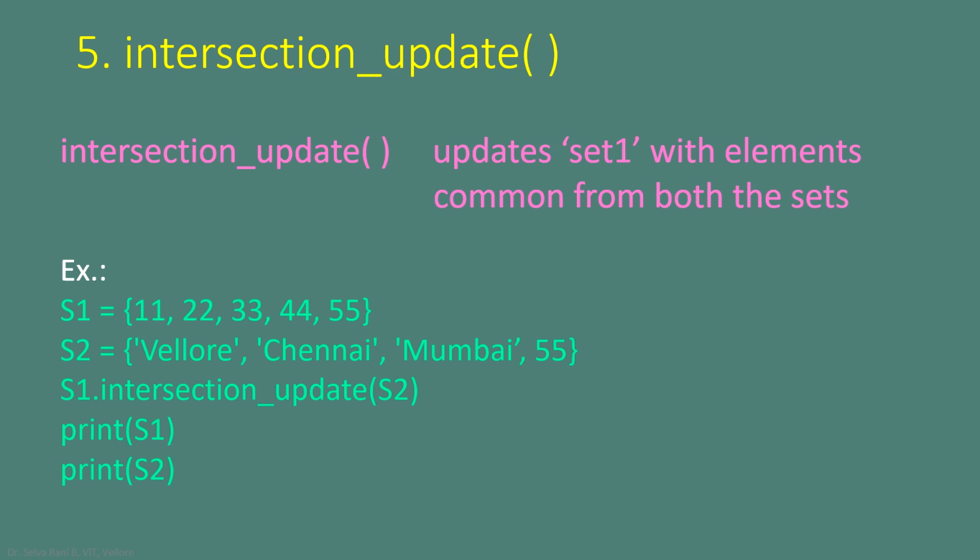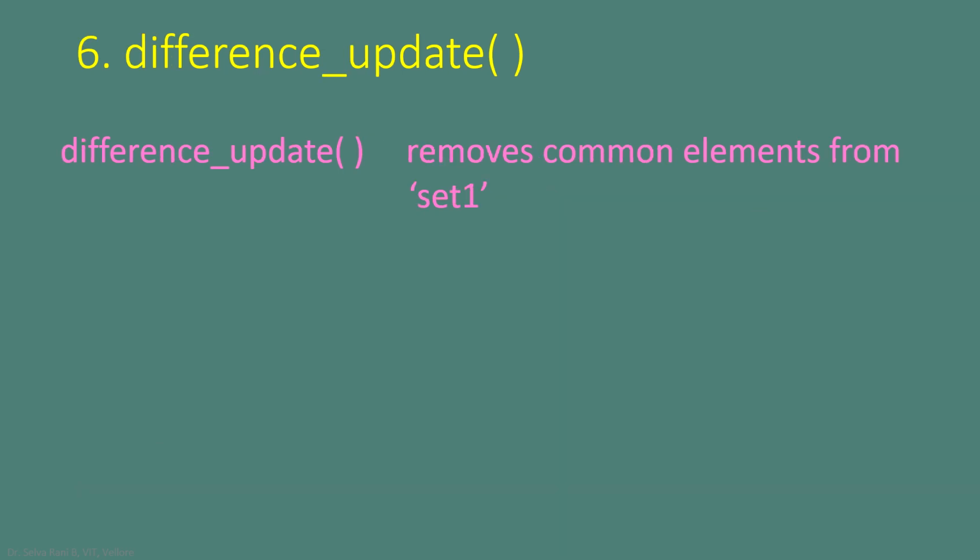The common element from S1 and S2 is only one, that is 55, and the result will be updated to the set S1. While printing the content of S1 and S2, we are getting the output as 55 and Chennai, Mumbai, Vellore and 55. Here, set1 is updated with the result of the intersection operation, but set2 is having its original elements.